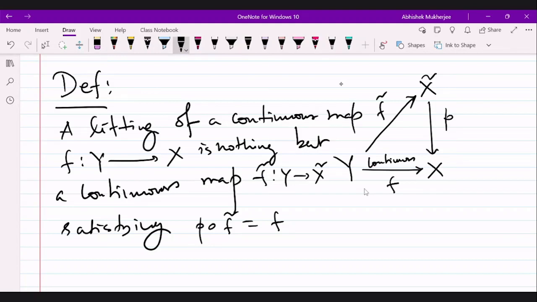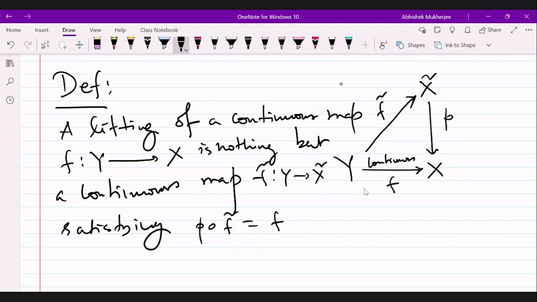We will see that if a covering space is given, then paths can be lifted, and path homotopies can also be lifted in covering spaces. So it's a very nice feature that a covering space of some space bears.